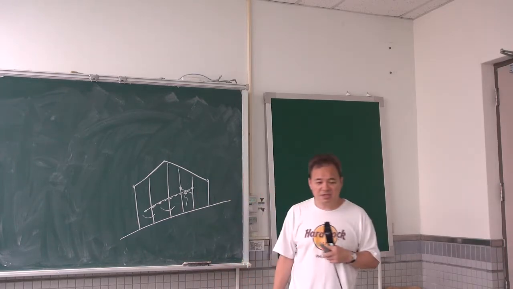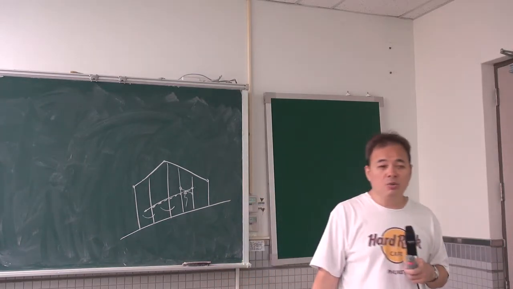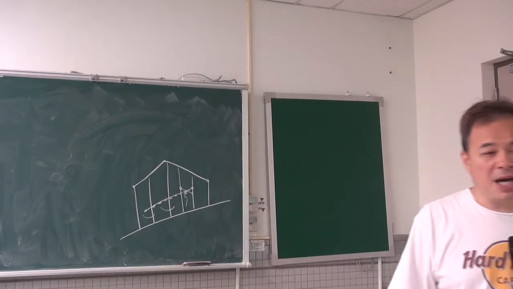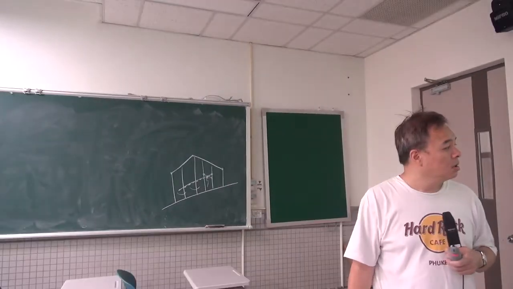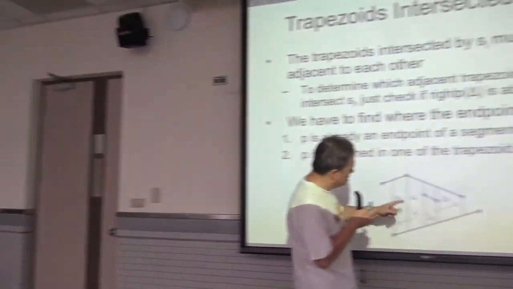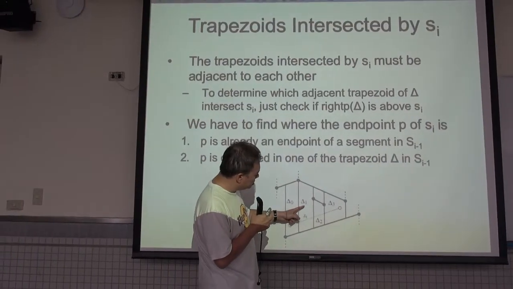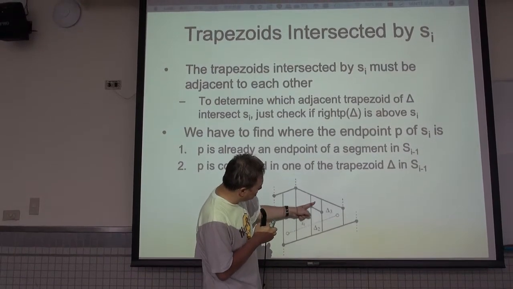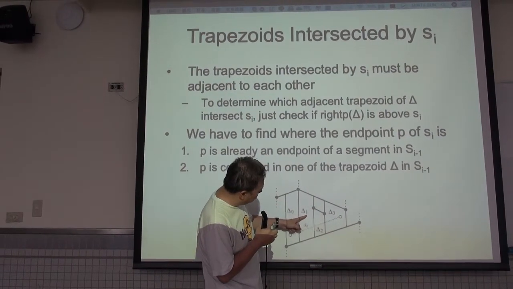If you have something like this, then you will find out that it is possible, for example, if you do this, or this one.